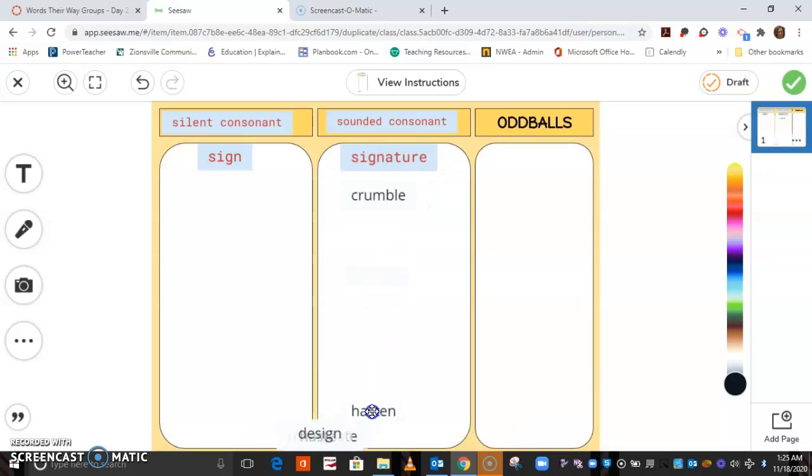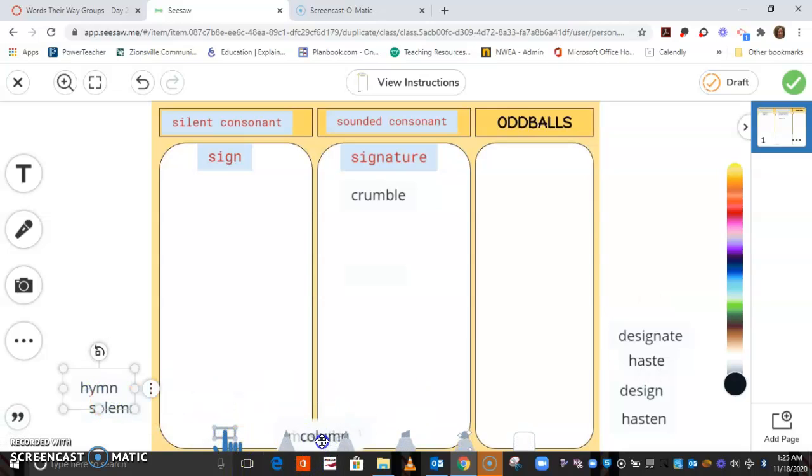Then I'm going to take some of these off. It's probably one of the last words here, but I'm going to try to find the smaller word with a silent consonant. While I'm looking for it, think about what word inside crumble I'm going to find here.